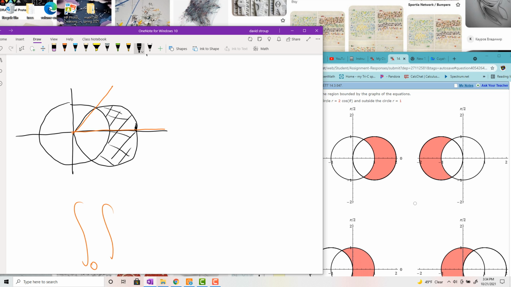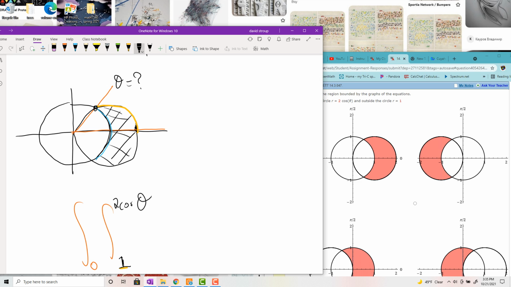So the r equals 1 is on the inside right here, your inside curve, and then the r equals 2 cosine theta is this outer curve right here. So it's going to be going from r equals 1 to r equals 2 cosine theta. Then the issue is just figuring out whatever this angle is, right?